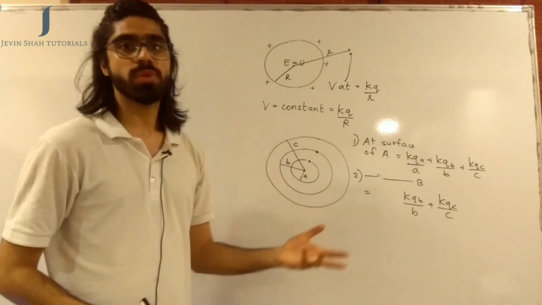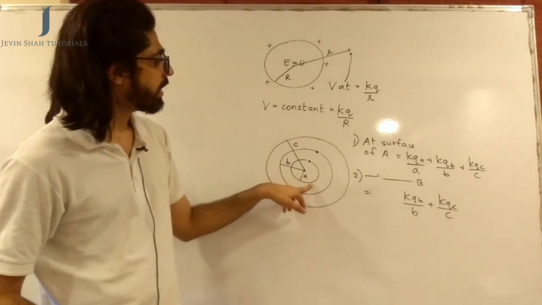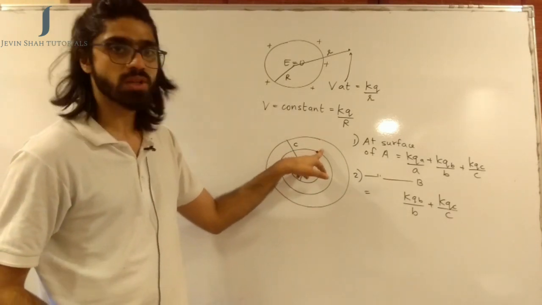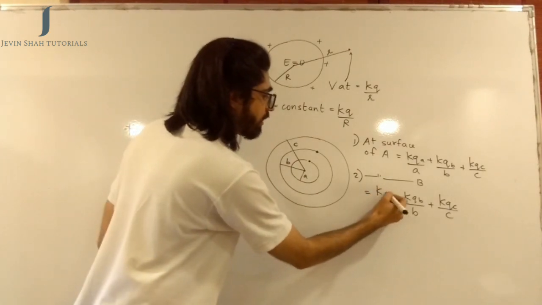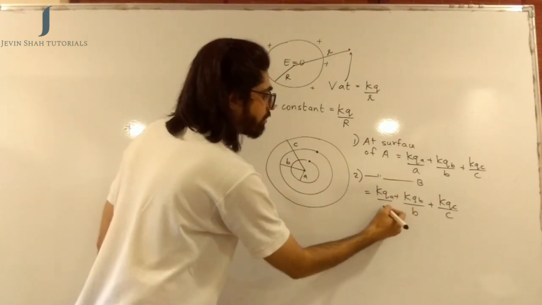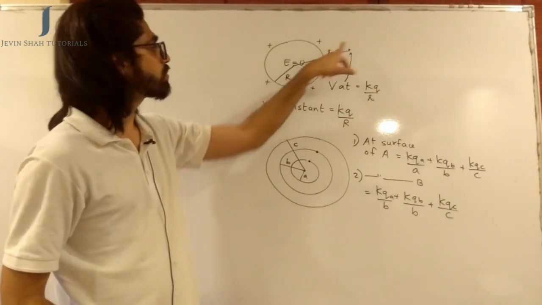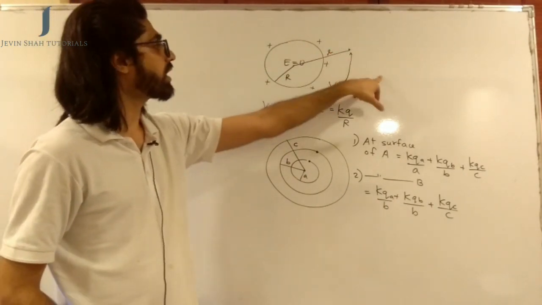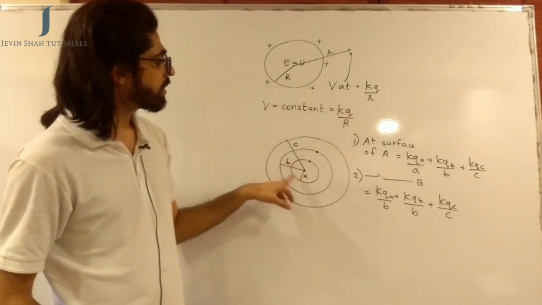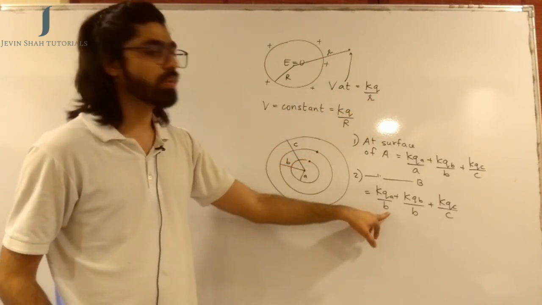So that is how the formula changes. So because of the sphere A, the potential at this point on the surface of B will be KQA divided by B. Because of the sphere A at this point, it should be KQA upon B.